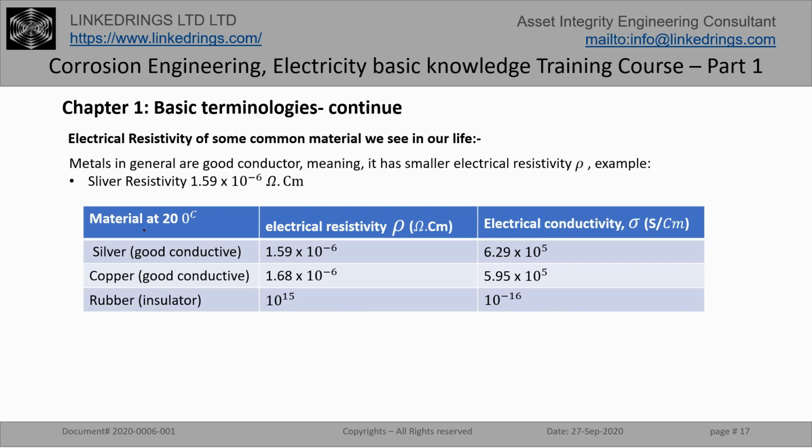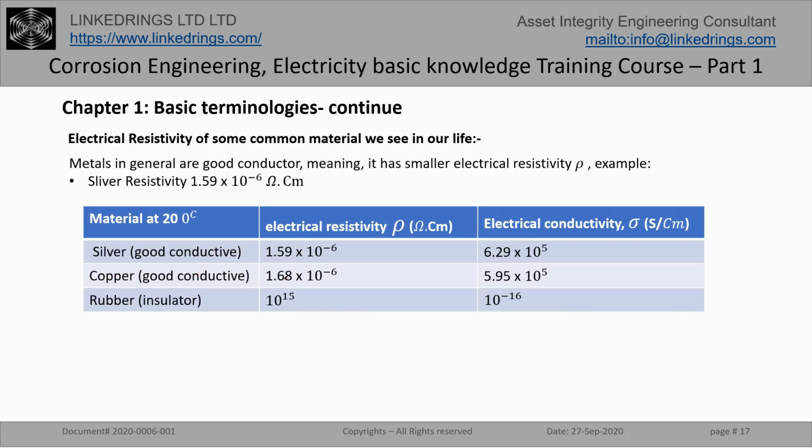This is for some materials at 20 degrees Celsius. Yes, there is a change with temperature, but it is out of the scope of this course. So here we will see the electrical resistivity in ohm centimeter. Here we will see the electrical conductivity in siemens per centimeter. Silver is a good conductor, and copper is a good conductor.